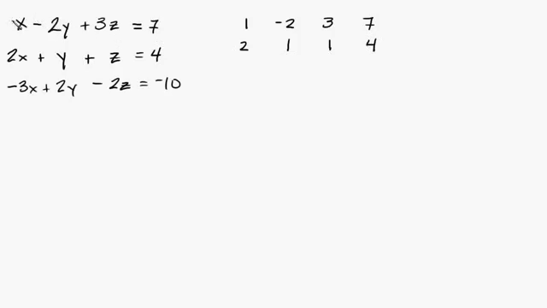As you can see, the coefficients here are 1, 2, 1, 1, 4. Over here is going to be 3, 2, negative 2, negative 10. So you're going to have negative 3, 2, negative 2, negative 10. Now these are not coefficients, these are just constants, so they're going to end up over here. So basically all you're doing is kind of erasing the variables.